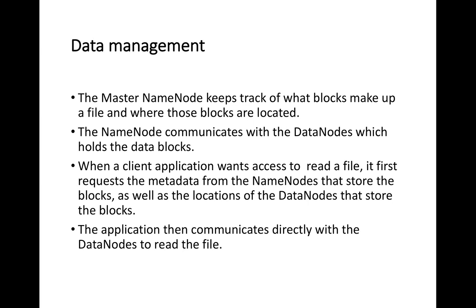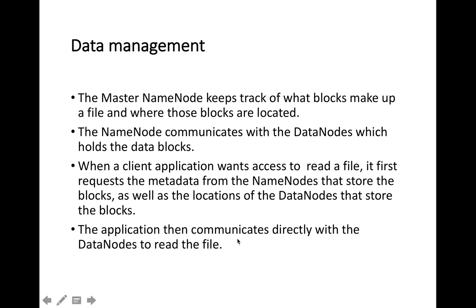I want a file called mtu dot something. But the mtu dot file's blocks are stored in different machines. So the name node will communicate with the data nodes to get the blocks, then assemble them into one file, then give it to the client.